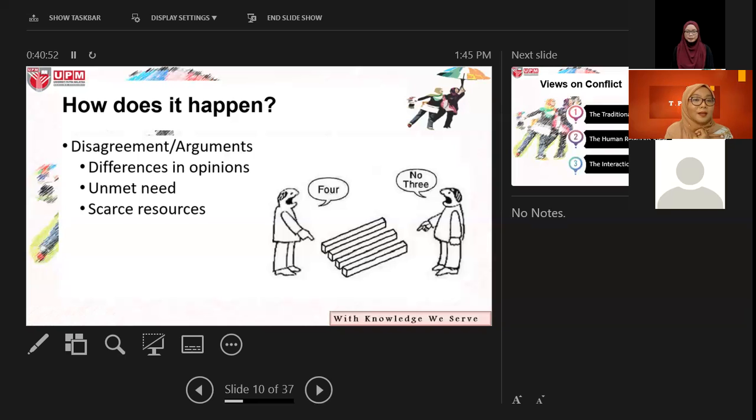That is why if both people cannot accept these two differences, then it may lead to conflict. Okay, the two answers are correct. 3 and 4, yes, correct. But it just the person at the front cannot see what the other person at the back see.